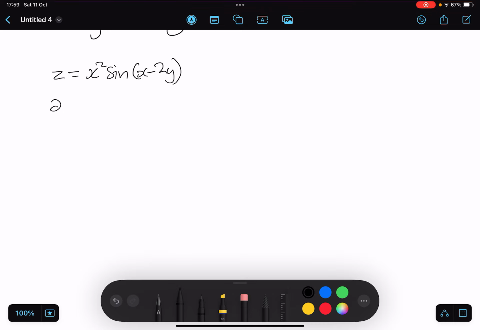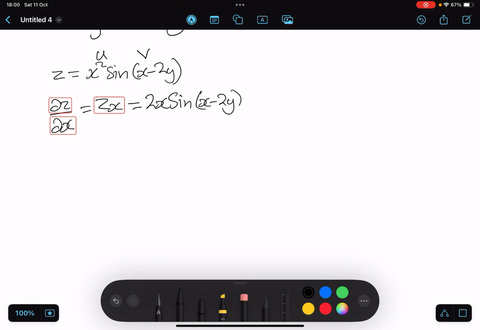So now dz dx is equal to what? dz dx is equal to zx, which is equal to what? Of course, this is u v, so you're going to use the product rule. Here you are going to have 2x sine(x minus 2y) plus x squared, and when you differentiate sine, we are going to have cos(x minus 2y), and then differentiate what is inside the sine with respect to x.